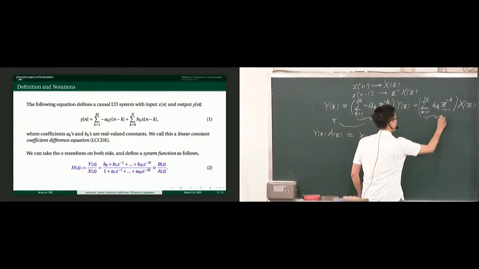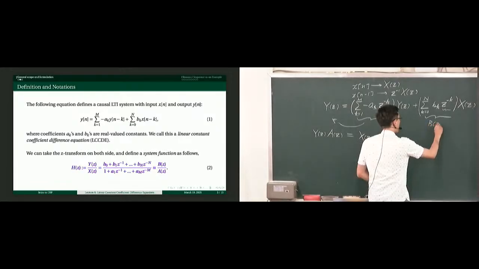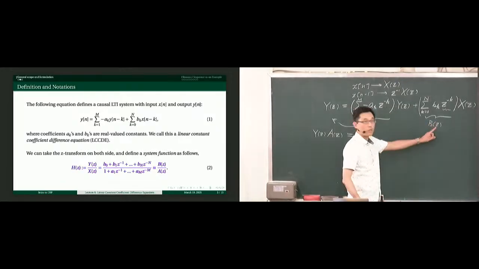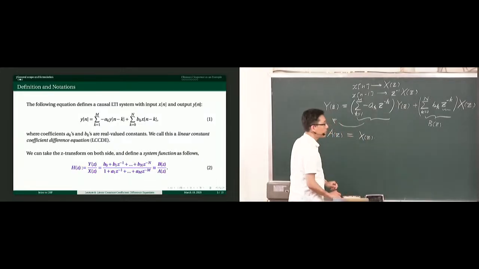If we define this as B of z, we have a polynomial in 1 over z, or I say z inverse, z to the minus 1.